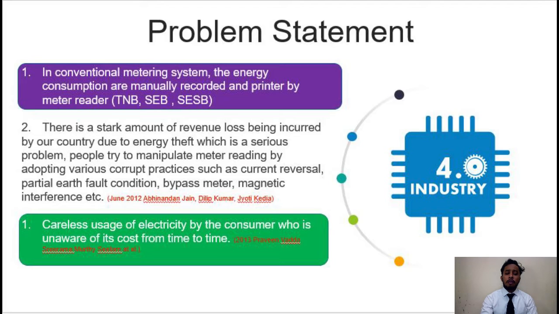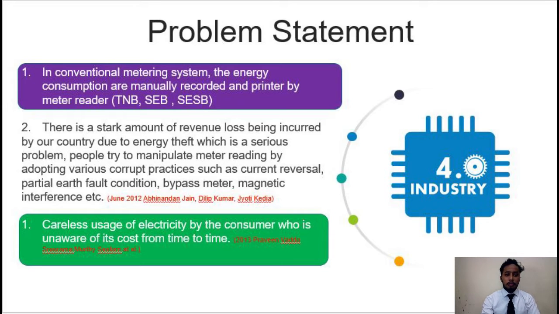First, in the conventional metering system, the energy consumption is manually recorded or printed by the meter reader, such as TNB, SEB, SESB.